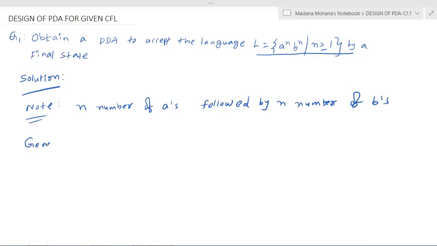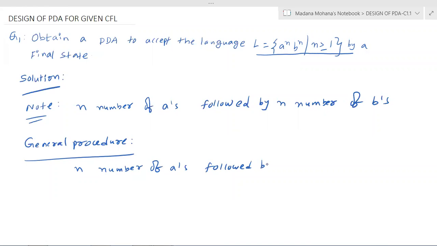Then coming to the general procedure, what we follow here in this language. Since the language contains n number of a's followed by n number of b's, this is the nature of the language.